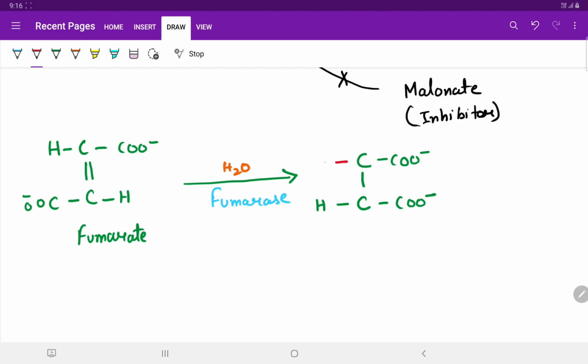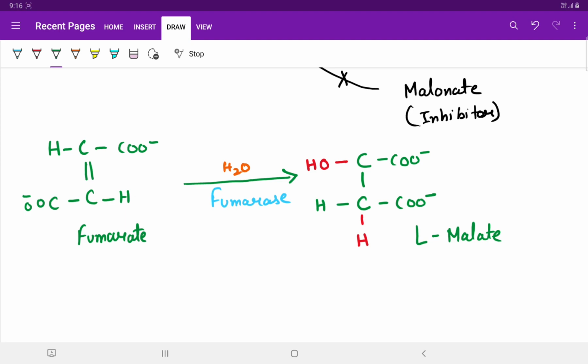So an OH is added over here and one hydrogen is added here. So this is the structure for malate, sometimes also written as L-malate. So this is the structure of malate or L-malate.